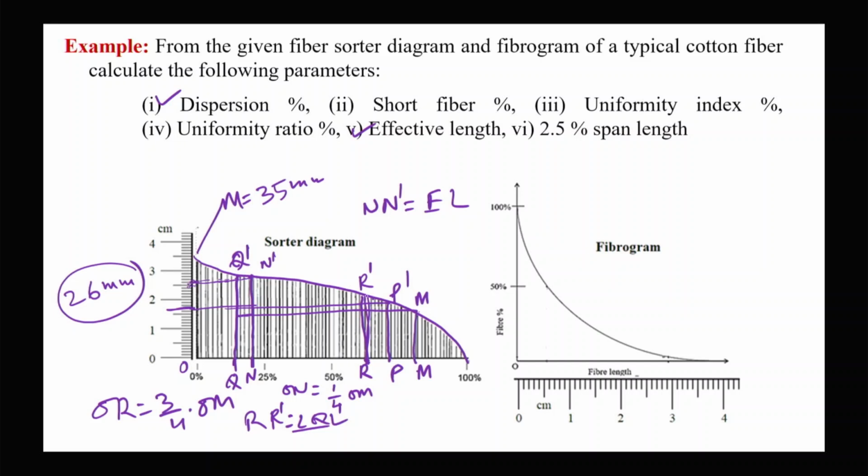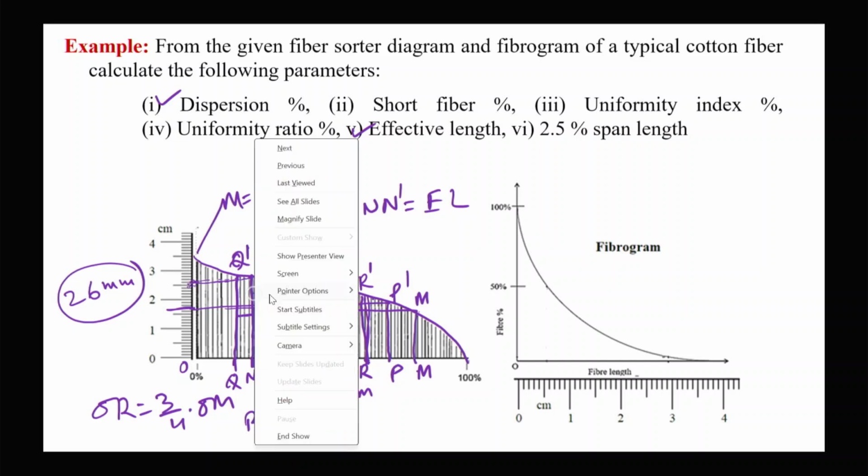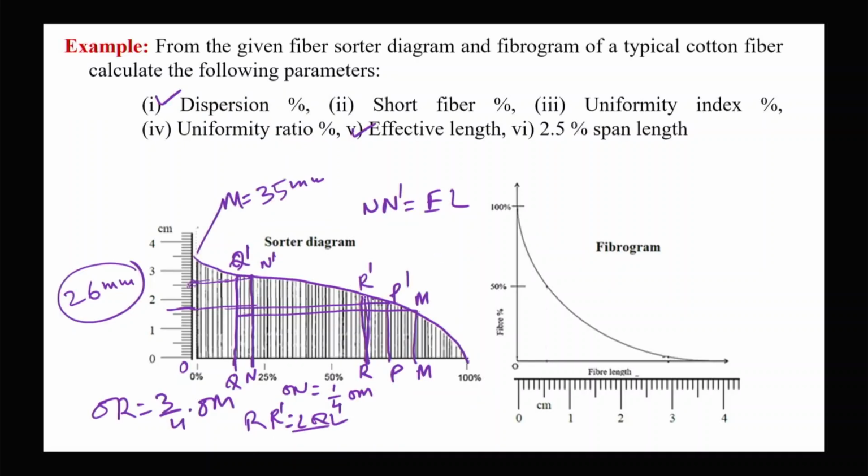Now from R dash, again we draw one horizontal line, which is intersecting N dash. So R dash is the lower quartile length. We can see that the value is typically around 20 millimeter. Effective length is 26 mm.